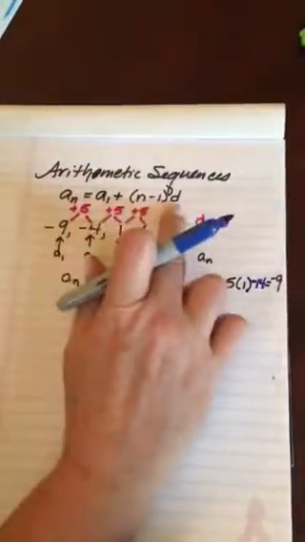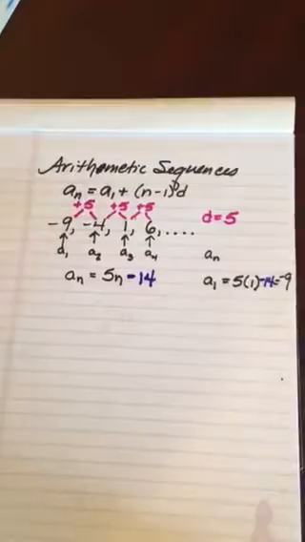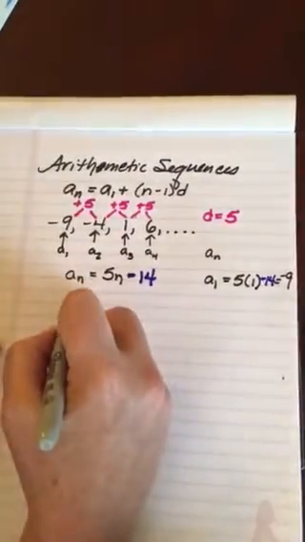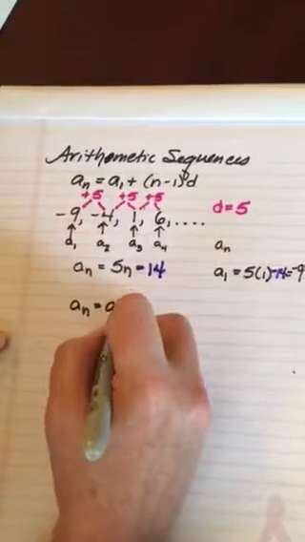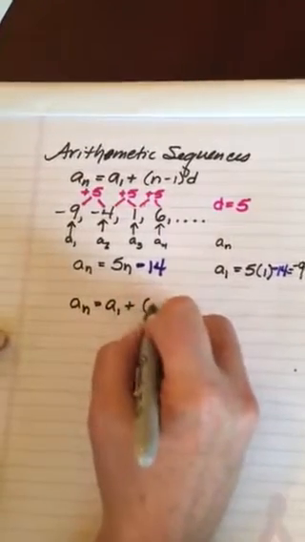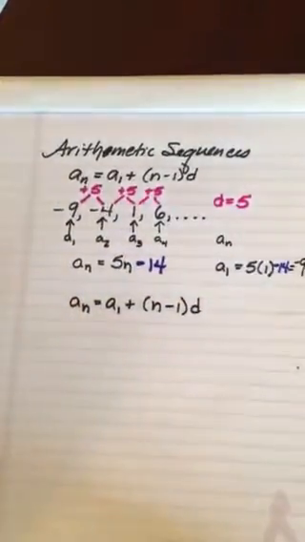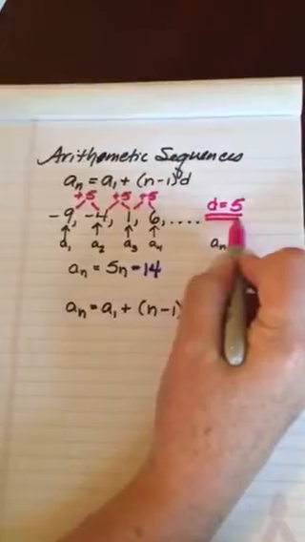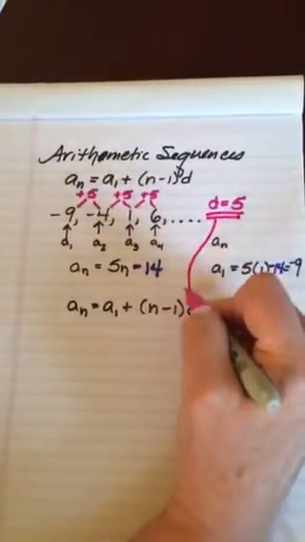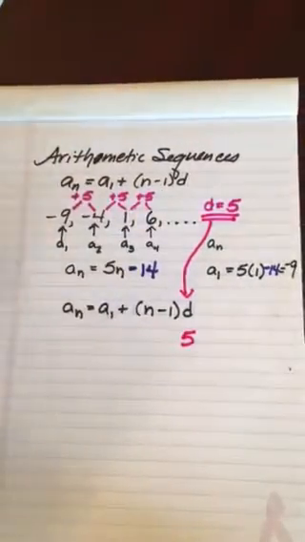So what's happening here? Let's think about the formula. So let's write that formula down. I'm going to write it down again because I've done a lot of work up there, obviously. A sub 1 plus n minus 1 times my common difference. All right. So in this case, I have a common difference of 5. So I'm going to go ahead and just plug that in the formula because I was handily given it in this case.